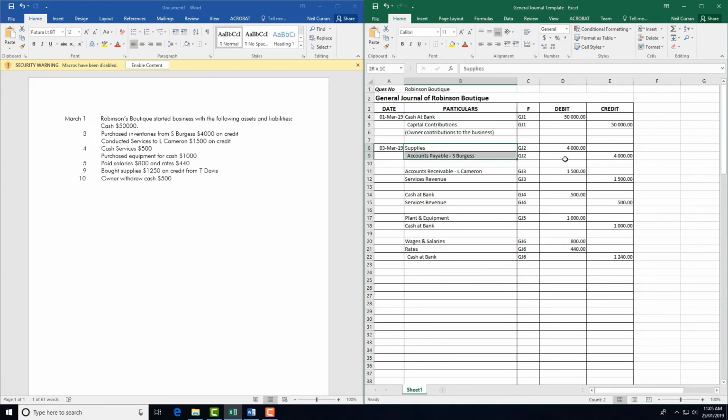So what I usually do is copy it, Control C to copy, Control V to paste, change the journal entry number to number 7, change the amount to 1,250, and then all you have to do over here is to change the name.